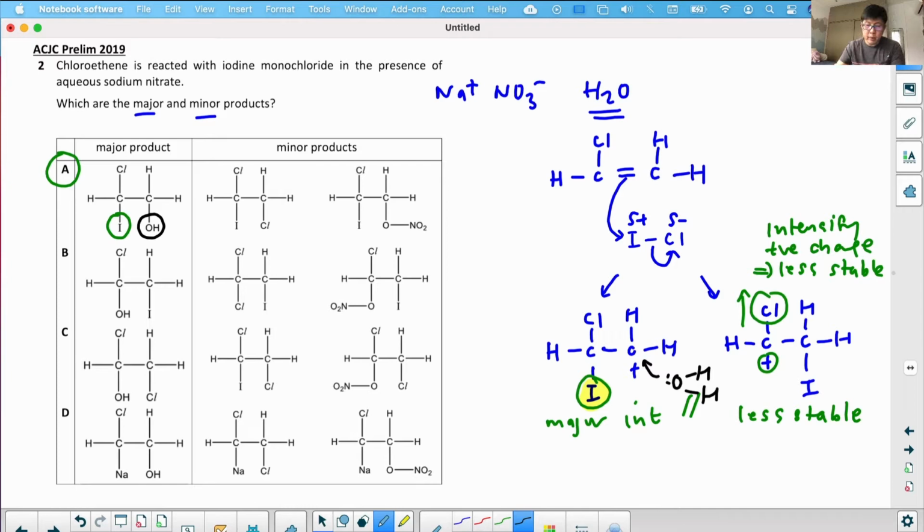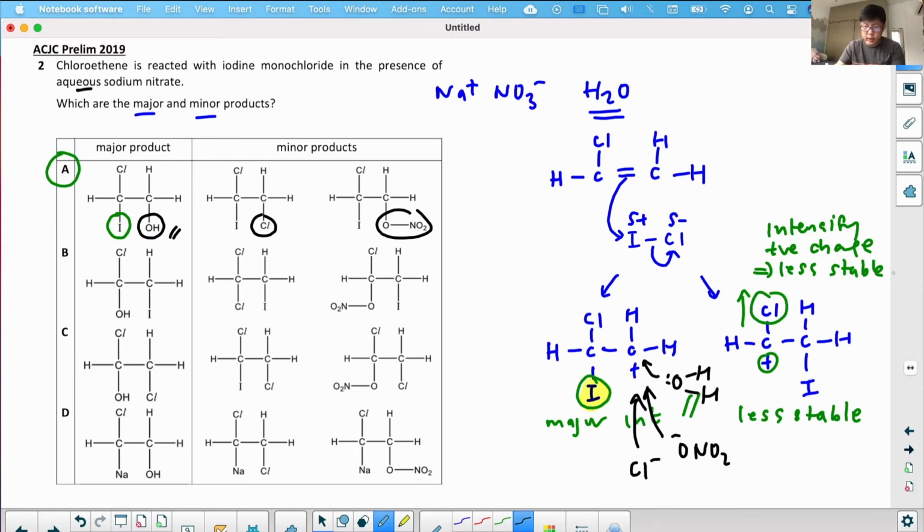The other possible nucleophile that could attack the carbon would be the nitrate, which is O, NO2, or it could even be the Cl minus. So these are the minor products. Why OH? Because water is in excess, aqueous solution. So A is the answer.